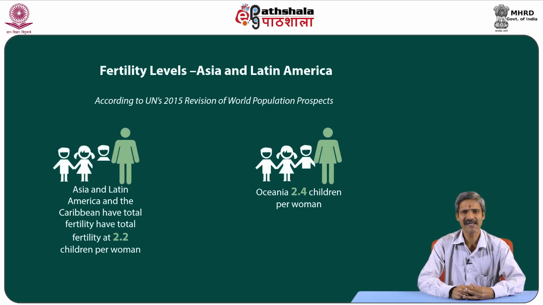Moving to Asia and Latin America, both these regions, Asia and Latin America and the Caribbean, have recorded total fertility of 2.2 children per woman, closely followed by Oceania with 2.4 children per woman.